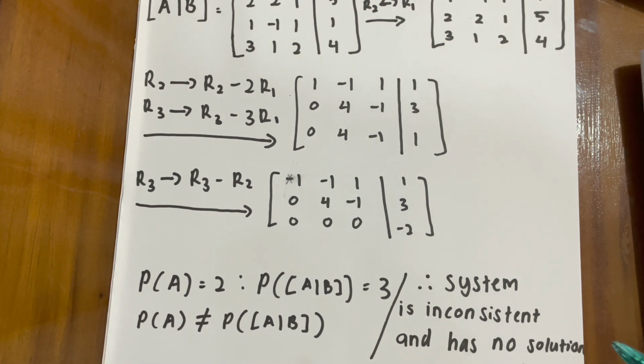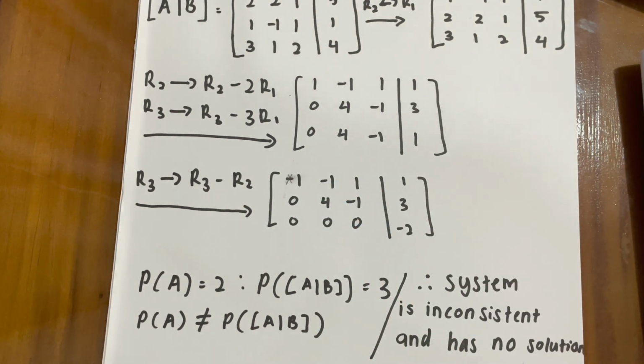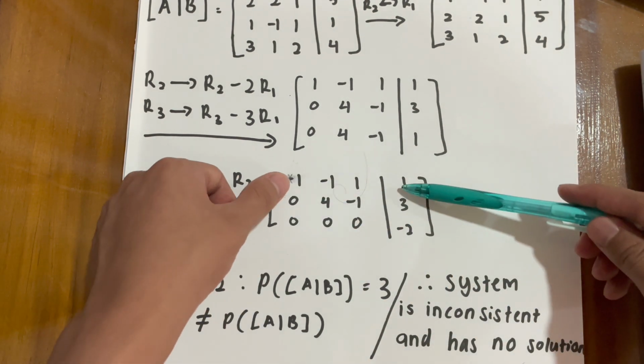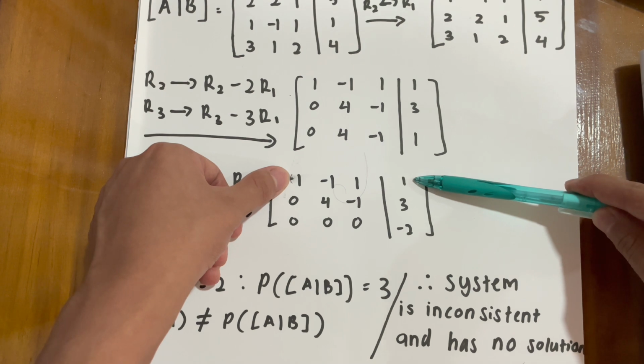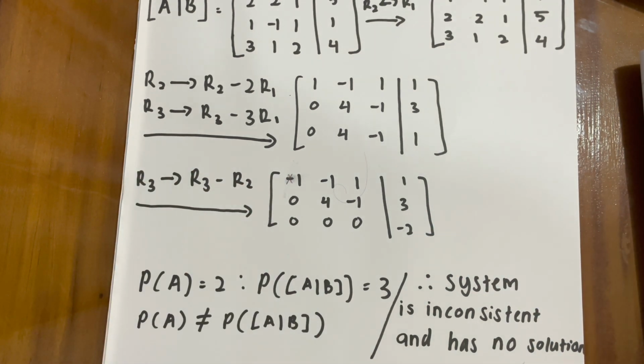We know the augmented matrix includes all of this. So how do we find it? By counting also the non-zero rows: 1, 2 and 3. So 3. So it shows that the rank of A and the rank of the augmented matrix are not the same.